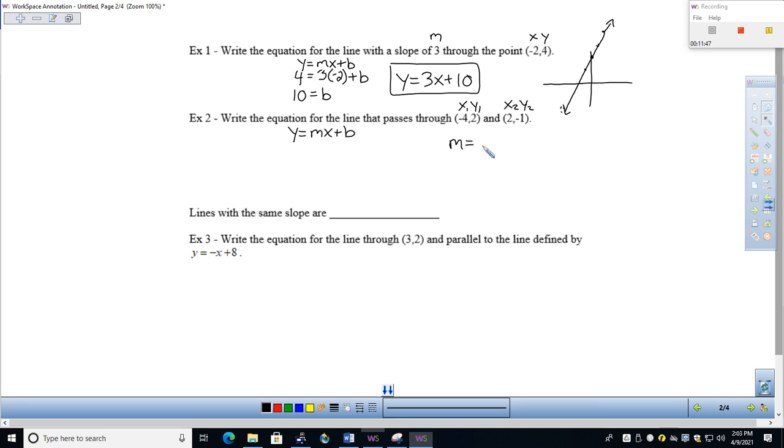So we're going to do our little rise over run here. Remember, y2 minus y1 on top, so -1 minus 2 in the numerator. Run on the bottom, so this would be x2 minus x1, so 2 minus -4 in the denominator. And this, of course, just gives me -3 over +6.